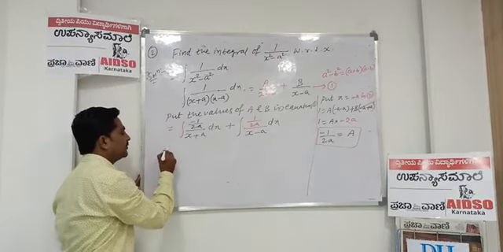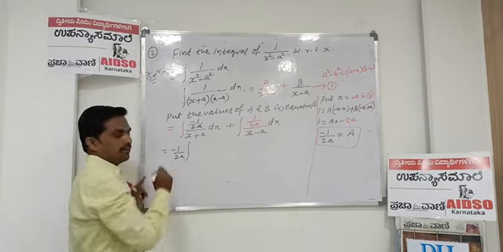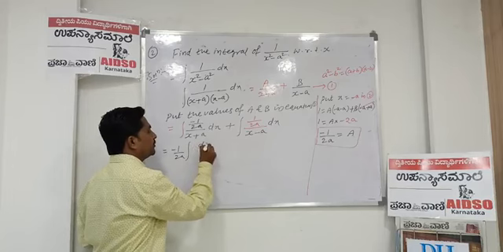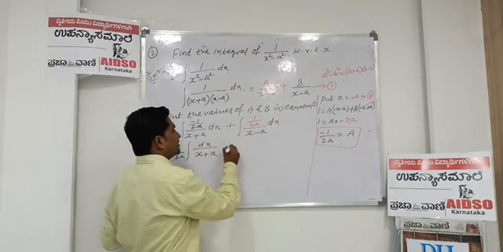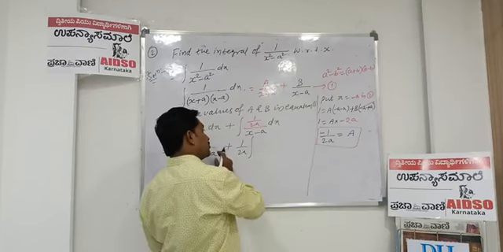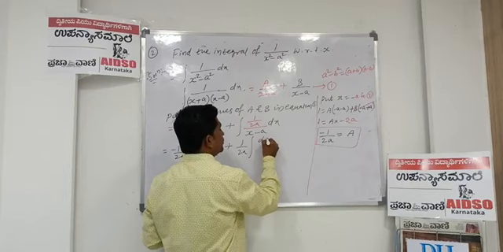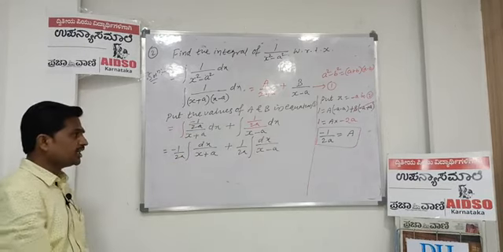Minus 1 by 2a is a constant factor taken outside the integral, and this is dx upon x plus a. Then plus 1 by 2a, a constant factor outside the integral, with dx divided by x minus a.